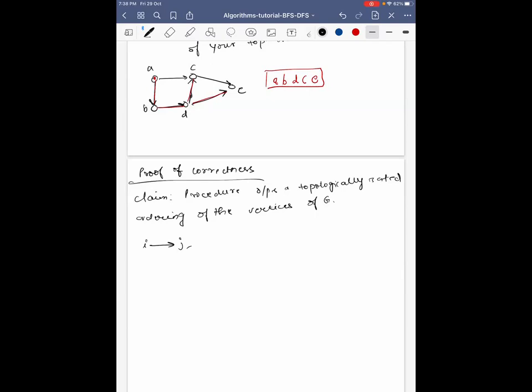So to show that for any edge IJ, I will appear before J in the ordering output by the algorithm.